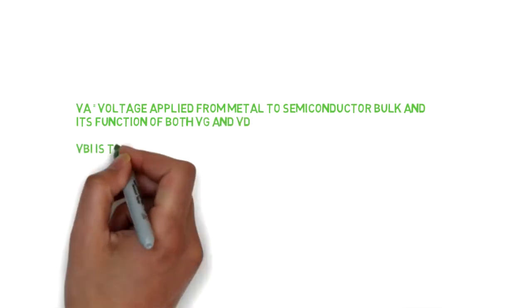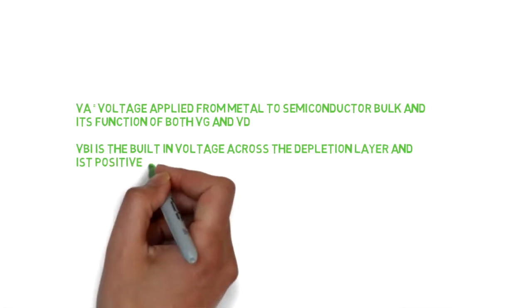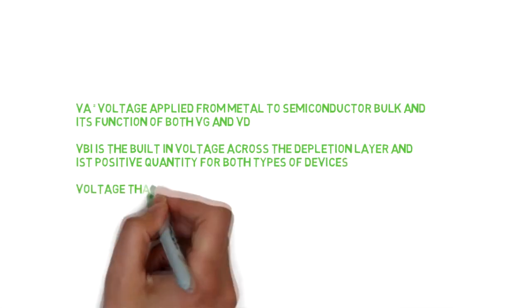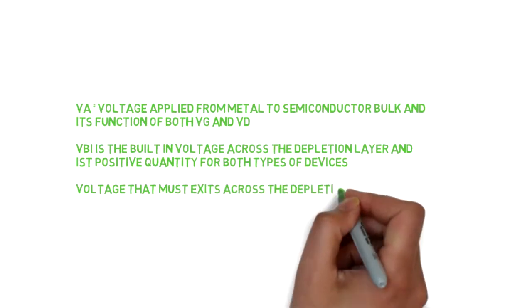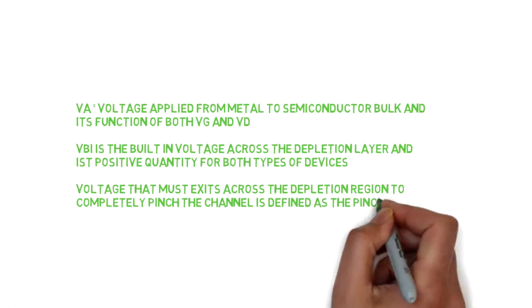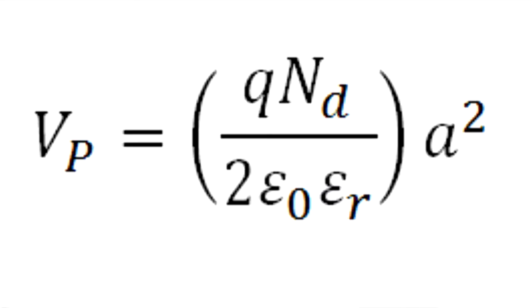VBI is the built-in voltage across the depletion layer, and it is a positive quantity for both types of devices. The voltage that must exist across the depletion region to completely pinch the channel is defined as the pinch-off voltage. The formula is Vp = q ND over 2 epsilon naught epsilon R times a squared.